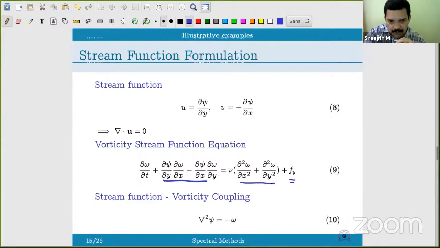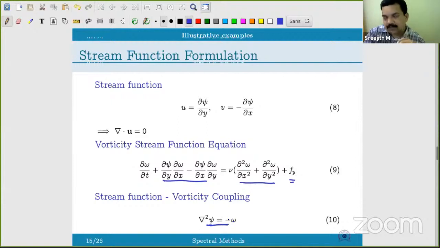Now, when you apply that, you have to find a coupling between vorticity and the stream function. From the basic definition, it follows that ∇²ψ = −ω.